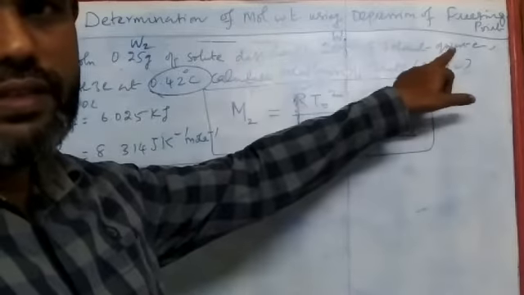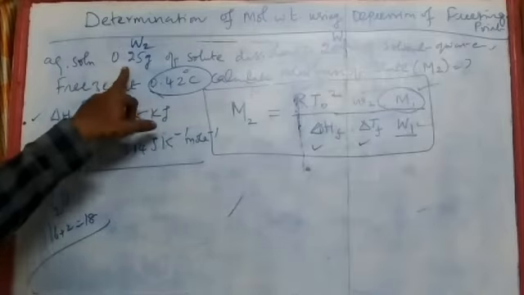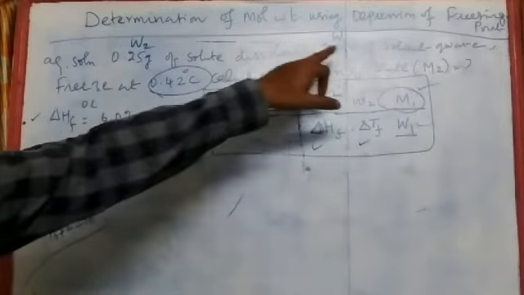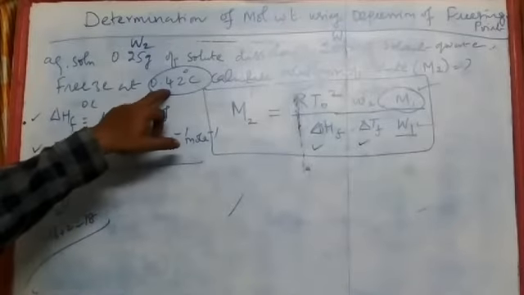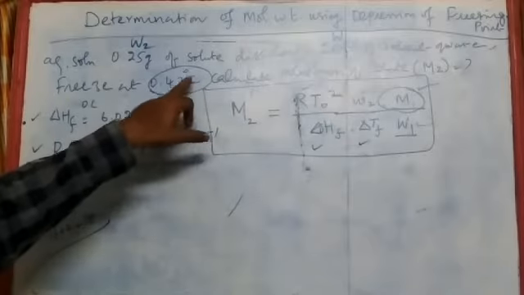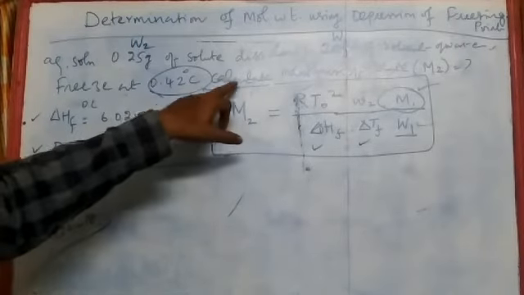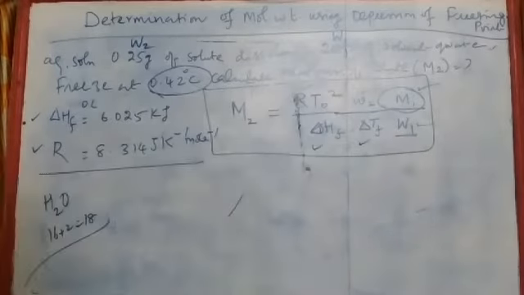The solvent is water, and when you add this 0.25 gram of solute to 20 gram of solvent, the freezing point decreases to 0.42 degree centigrade. So calculate the molar mass of the solute which is taken.